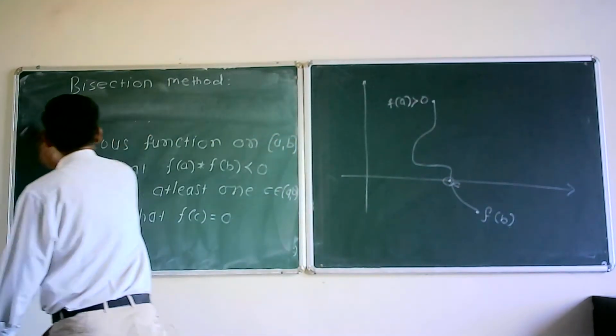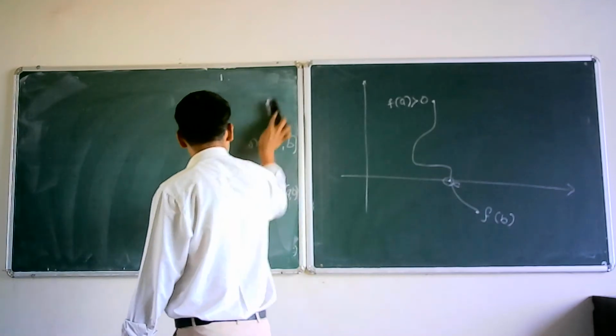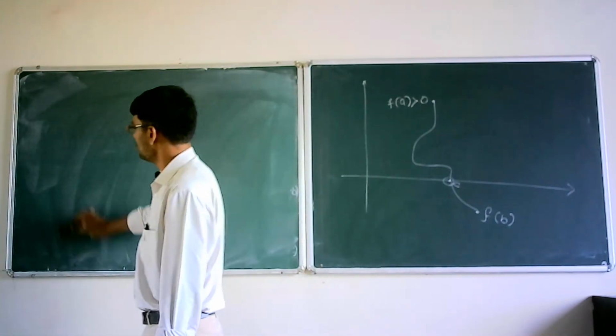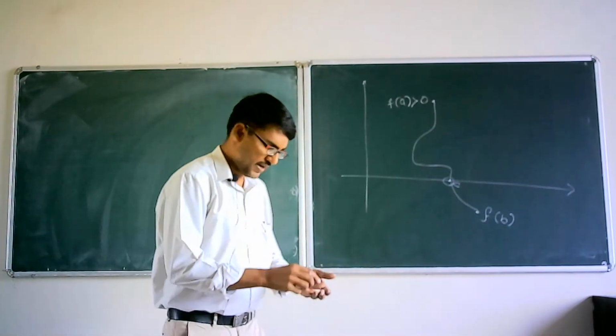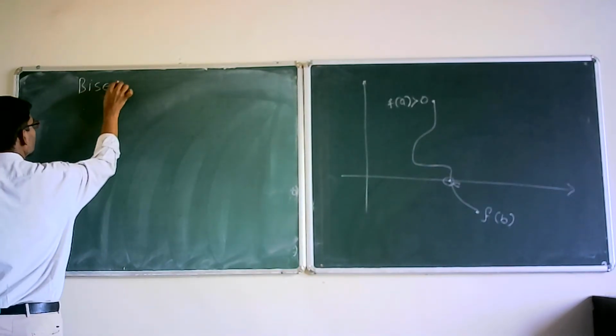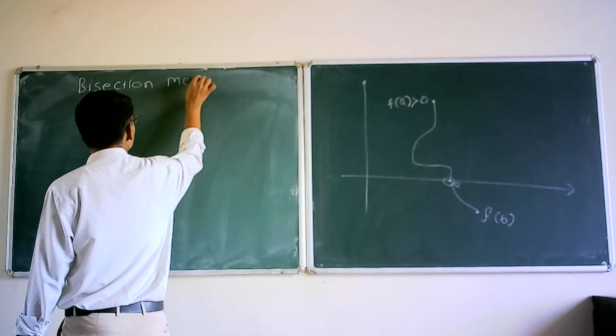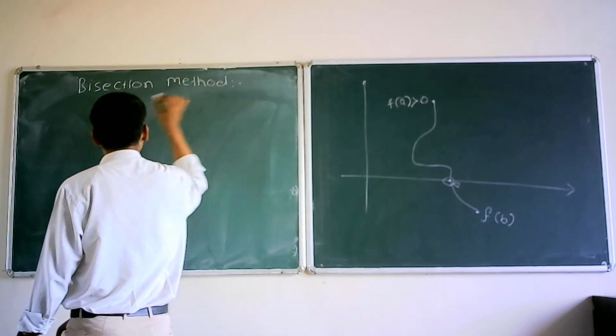So next, bisection method. Now to find a root by using the bisection method, what is our first step?